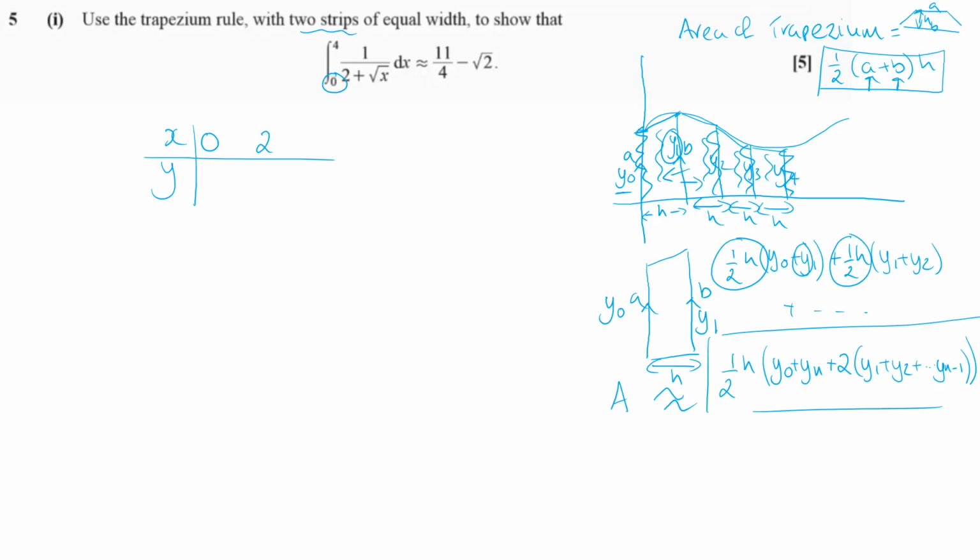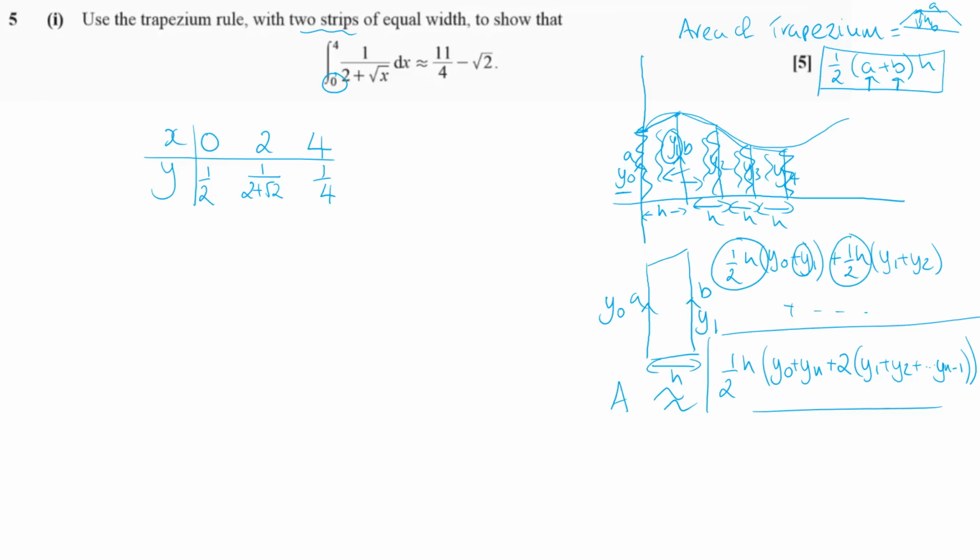If we go halfway along, 2 and 4, let's find the y value. So when x is 0, you're just going to have a half. When x is 2, you're going to have 1 over 2 plus root 2, and when x is 4, you're going to have 1 over 2 plus 2, so that will be 1 quarter.